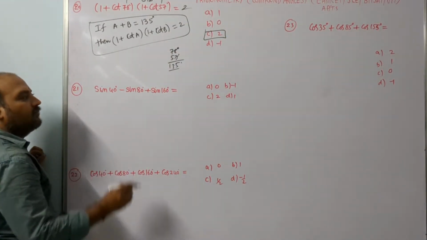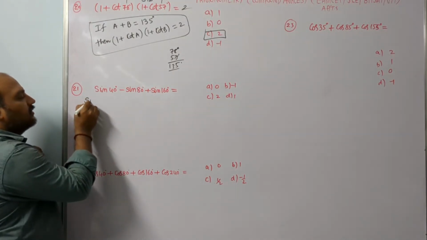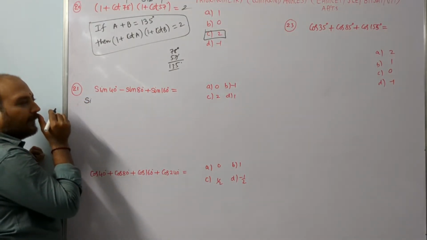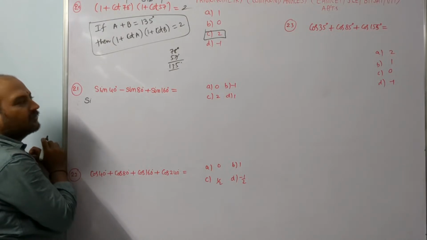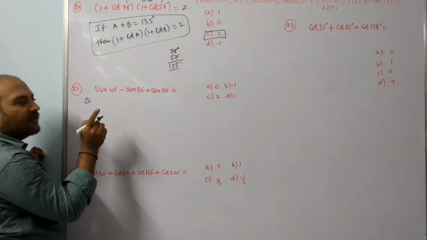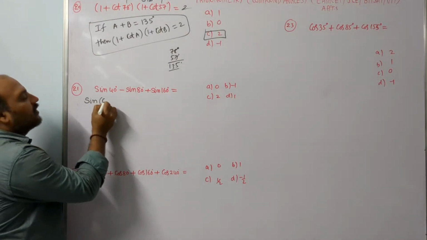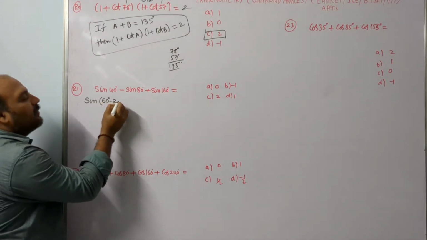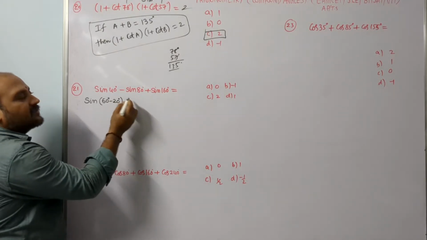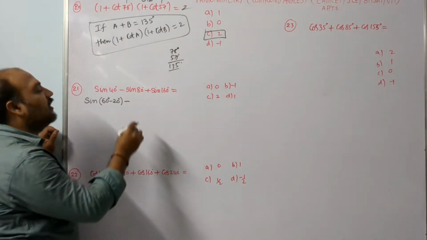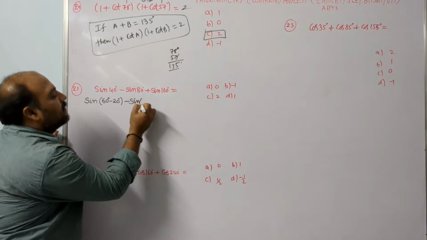Here, sin 40. How to write sin 40? We can write it as sine of 60 minus 20, am I right? Minus sin 80, we can write it as sine of 60 plus 20.